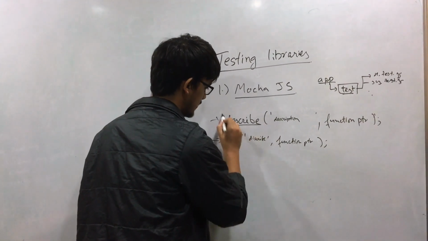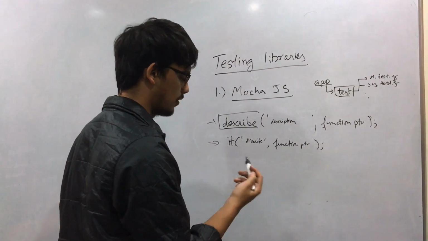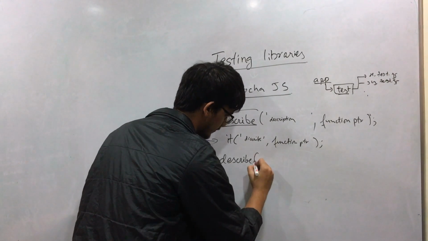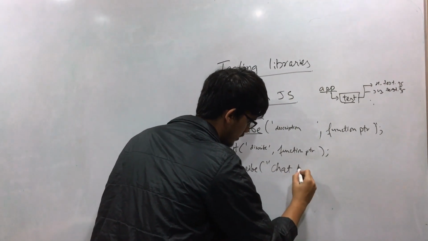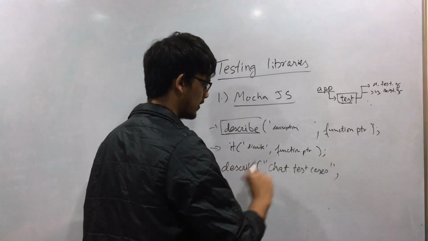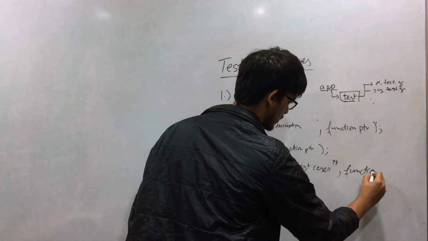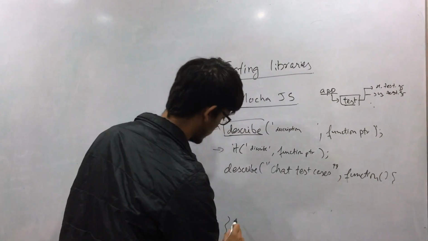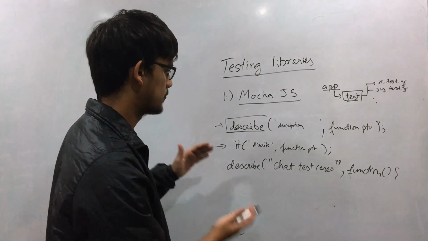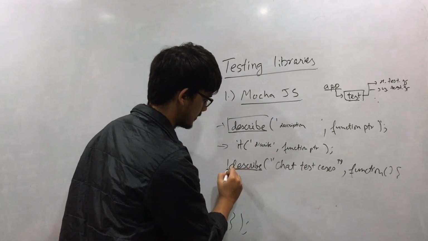The describe function tells us to describe a test module. Suppose I want to test the module called chat application. So I write describe chat test cases. This helps me to group the test cases in one module. And then I'll write a function. And inside this function would be my test cases.